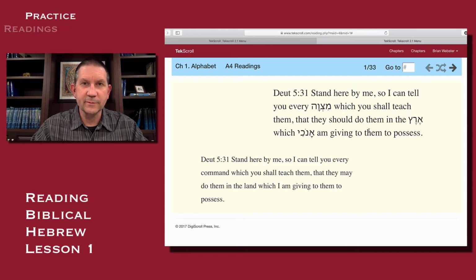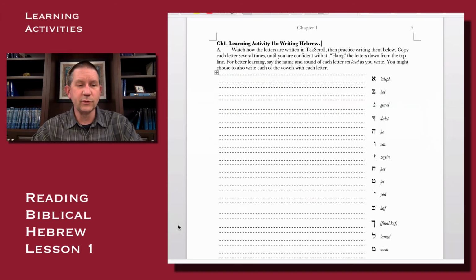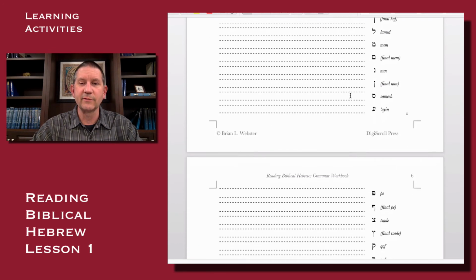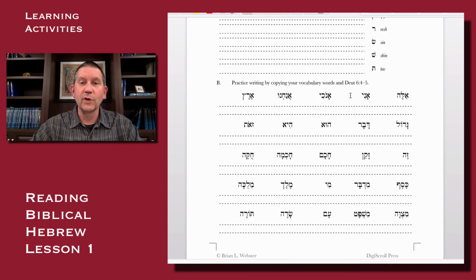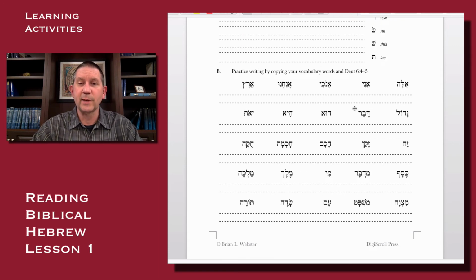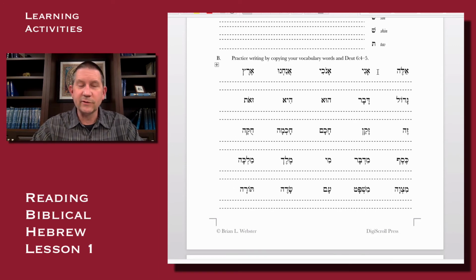When you are doing your workbook, as I said, where you're going to copy the letters and say their names and sounds and then add the vowels, you're also going to copy out the vocabulary words that you're supposed to learn by the end of this chapter. And all of the letters of the alphabet and all of the vowels occur in the words of this list.